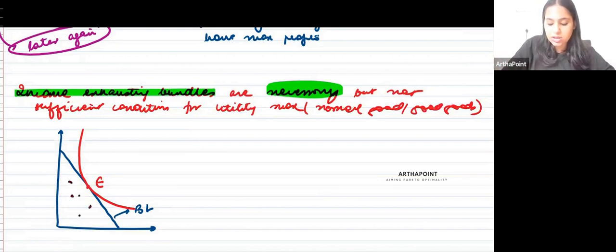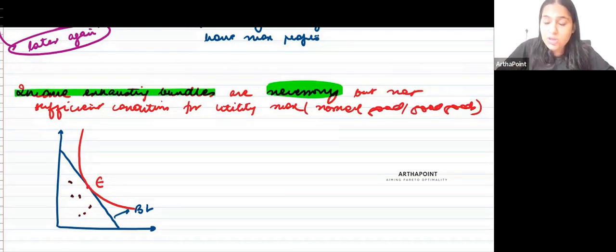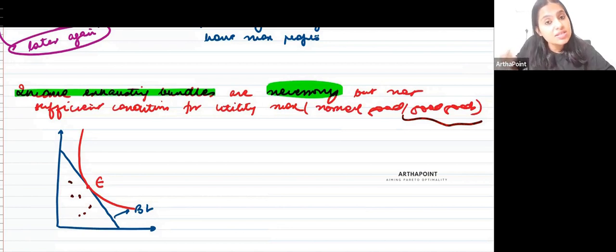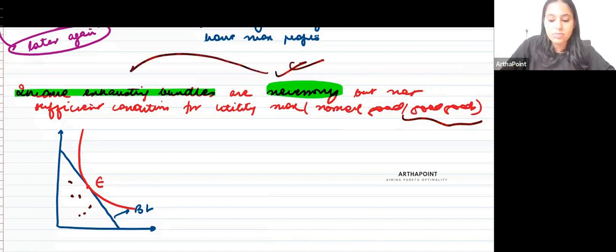No. It is always on the budget line that I maximize my utility for good goods. So being on the budget line is compulsory. If you're not on the budget line, you cannot have maximum utility.